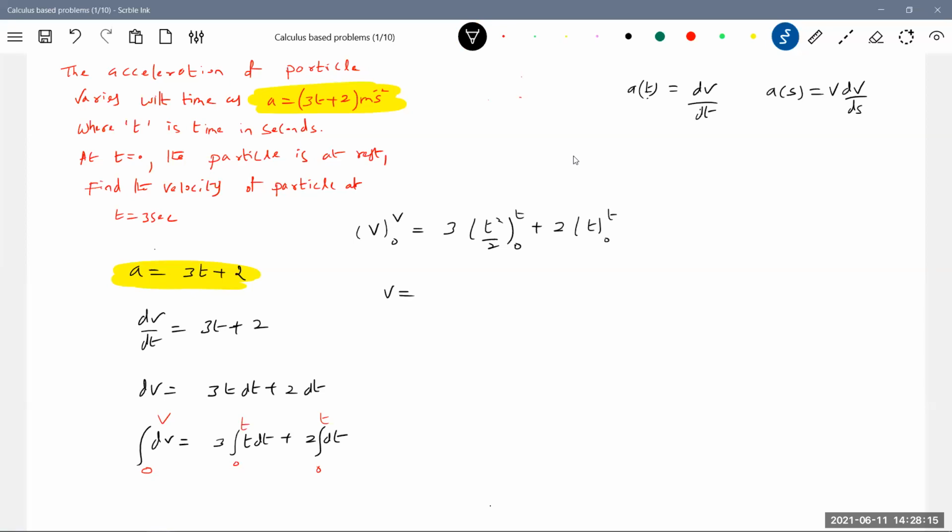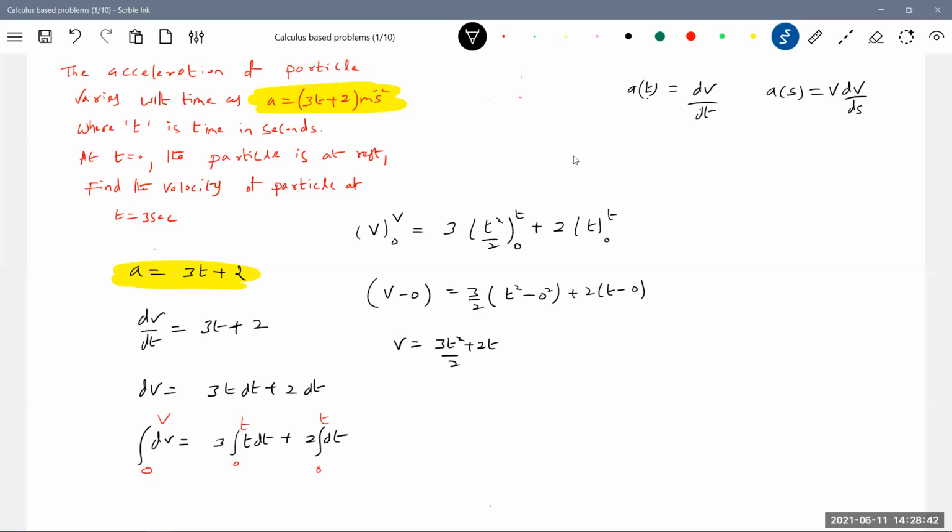So v, this will be upper limit minus lower limit. Upper limit is t square, lower limit 0 square, plus 2 times (t minus 0). v equals 3t square by 2 plus 2t. Okay, this is the equation.